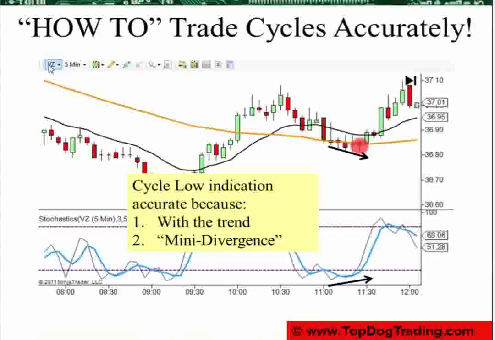So I created my own ways of measuring waves objectively, so everybody gets the exact same wave count. I'm looking for wave 1, 2, higher low, 3, higher high, 4, higher low, 5, higher high. Something like that would be my reward, and then that's my risk. So, great risk-reward ratio.